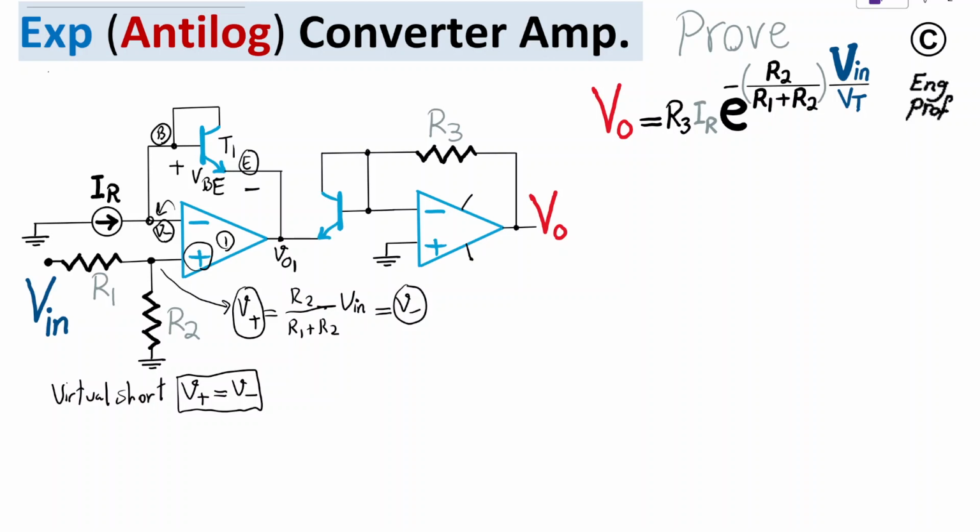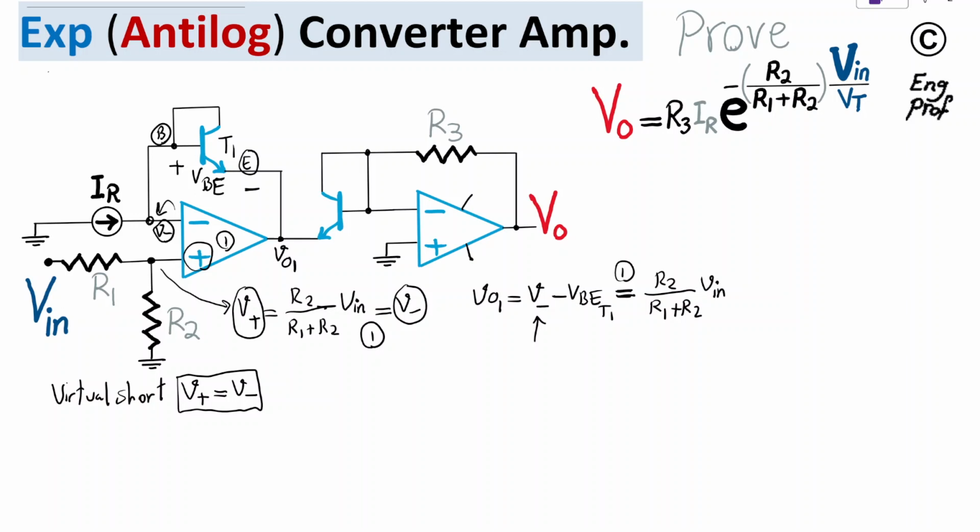So what I can say is the voltage at the output of op-amp 1 is equal to the voltage at the negative terminal of op-amp 1 minus a VBE drop for transistor T1. Okay, substituting from equation, say 1, for V negative, which is effectively R2 over R1 plus R2 times Vn.